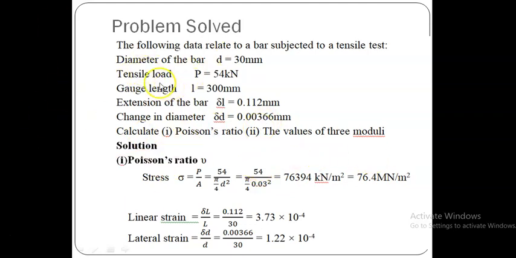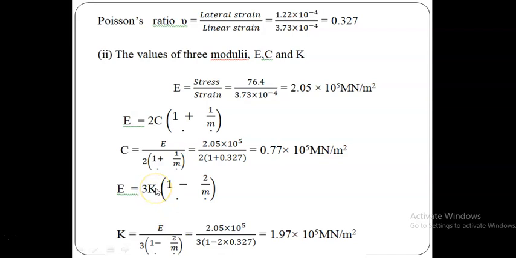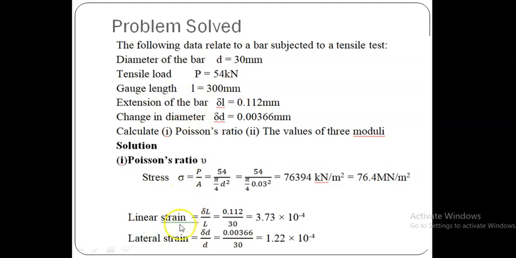These test data are taken from a tension test on a steel rod. Let us first find the Poisson ratio. The relation is Poisson ratio nu is equal to lateral strain divided by linear strain. Let us go step by step.